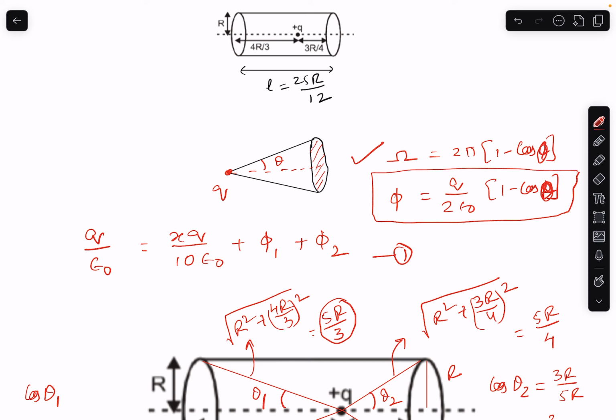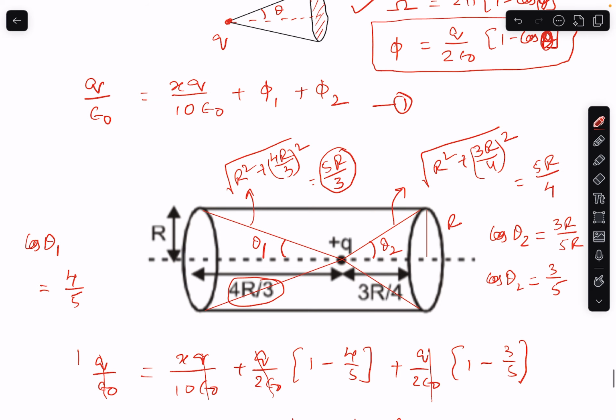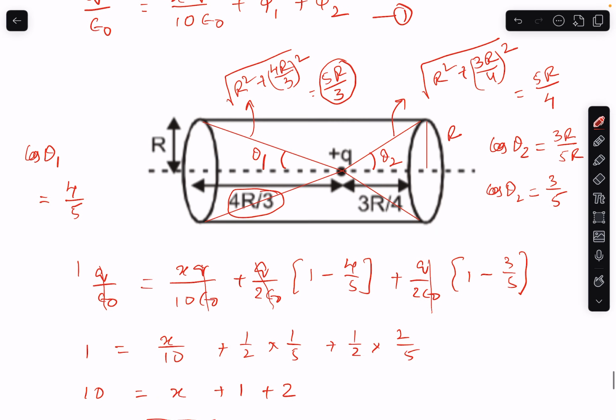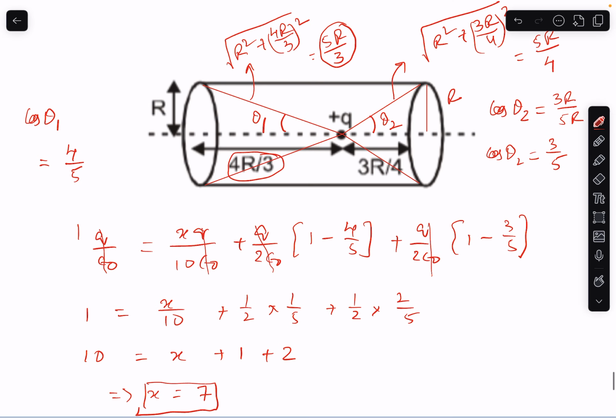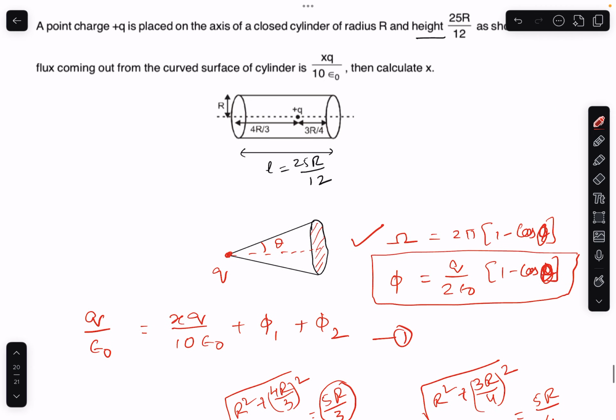Flux will be Q/2ε₀ (1 − cos θ), and then we use flux conservation. Total flux coming out of the closed surface is Q/ε₀, and with simple geometry and mathematics we get x = 7. That is it. I hope you get it. Thank you.